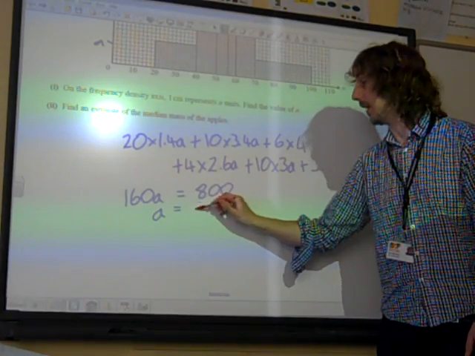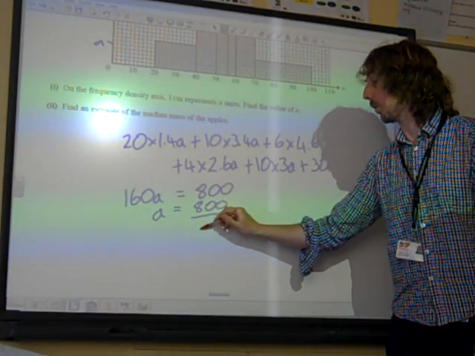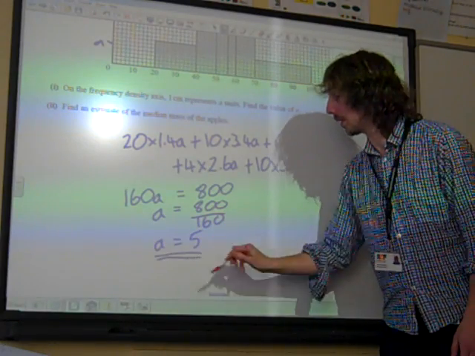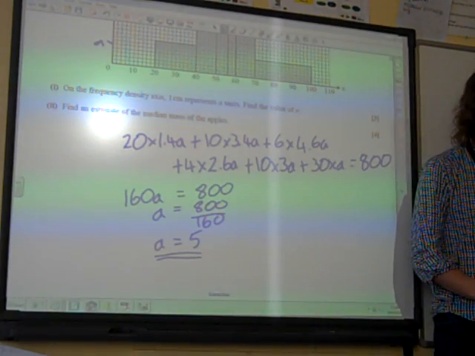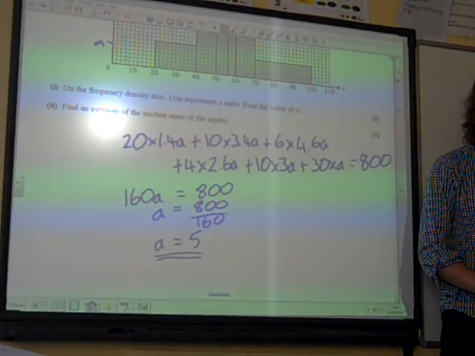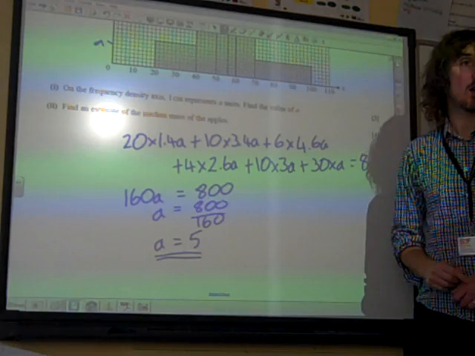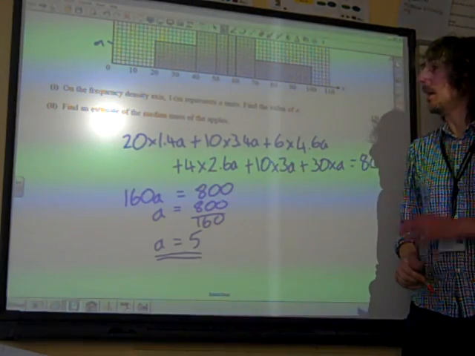So A is 800 over 160. So A is 5. There we have it. It's quite neat. It's about using the area under the curve and working things out from there.